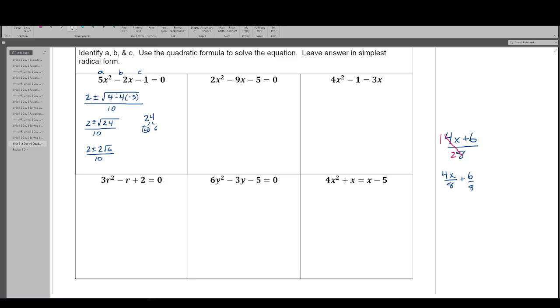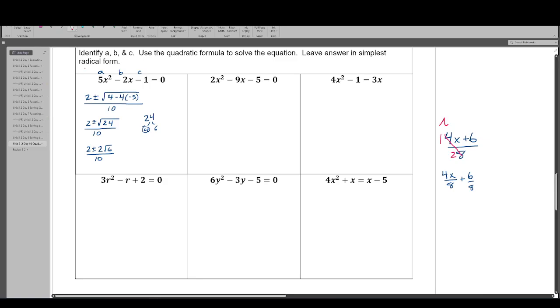So if you're going to simplify a fraction, let's put no here, and then let's do it correctly. So here we would do 4x plus 6 over 8, and we need to simplify all 3 of these because the 8 distributes to both of these.